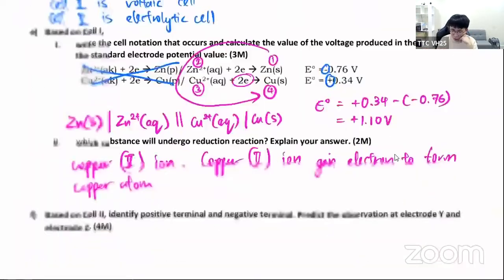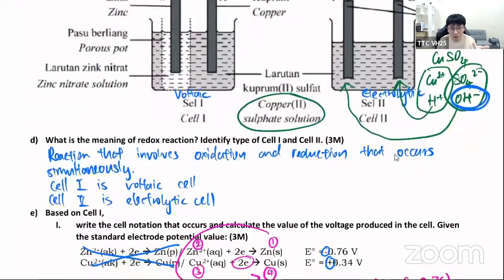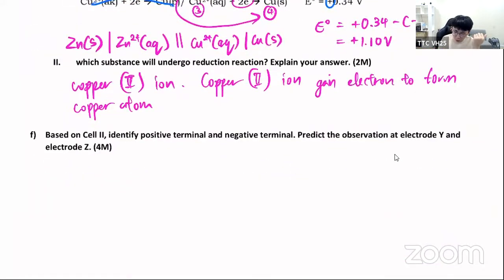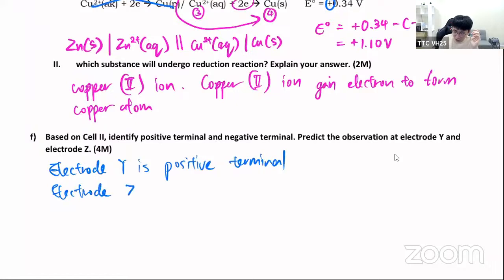So in this case, Y is positive, Z is negative. So electrode Y is the positive terminal. Then electrode Z is the negative terminal.